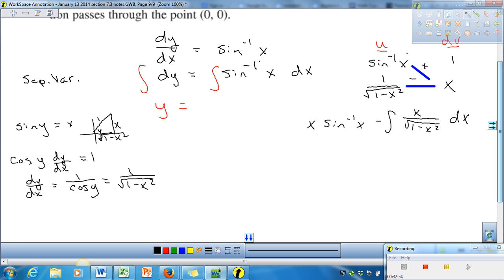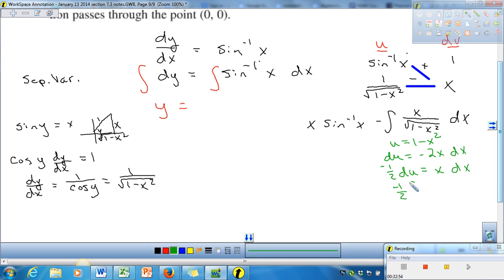Go through your method. You sub, yeah? You sub, what's my u? u equals 1 minus x squared. du? What's du? Negative 2x. We don't need that negative 2, so negative 1/2 du will replace x dx.